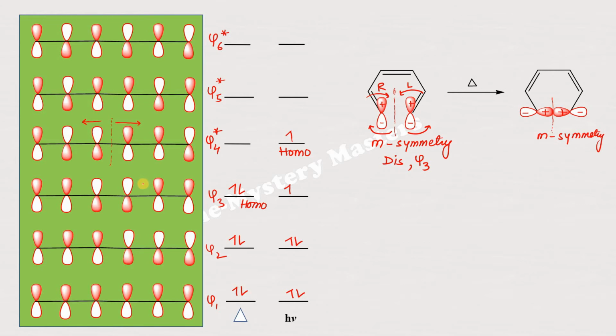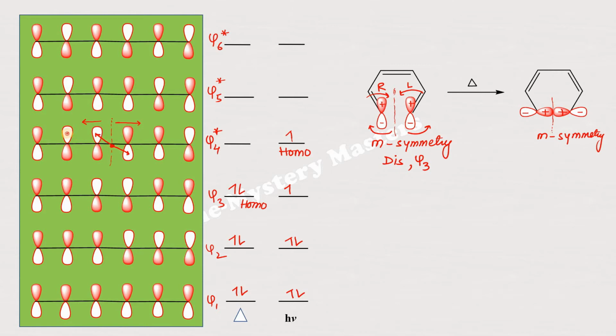Whenever you talk about C2 symmetry, we already know that there is presence of the same orbital in the opposite direction whenever we are passing through the center of the molecular orbital. So if you start from the center, go toward this side and then to its opposite side, you will find the same orbital or same type of arrangement.